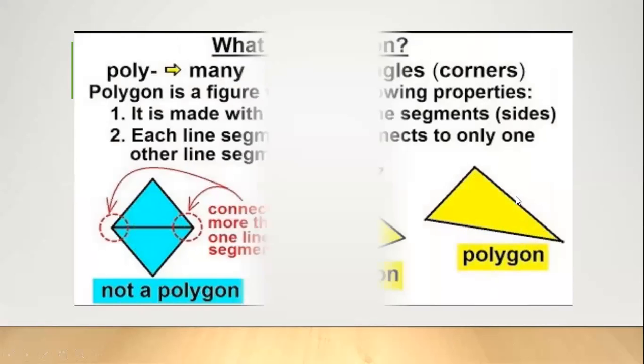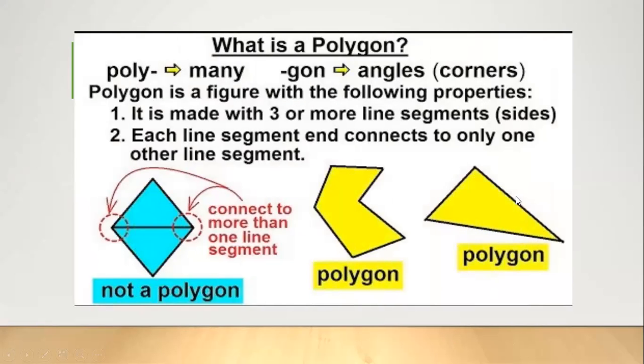Okay, our next topic is polygons. Polygon means poly means many and gons means angles. So if there are many angles, then it is called a polygon. It should have three or more line segments, and each line segment end connects to another line segment.